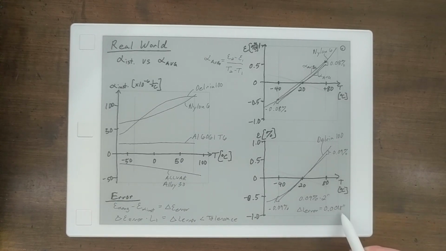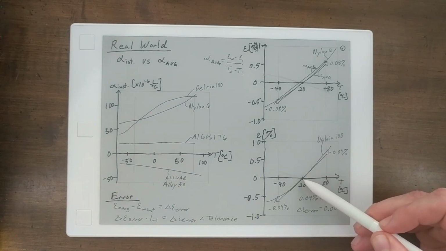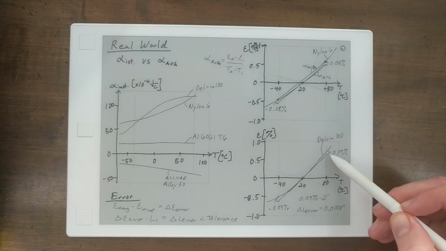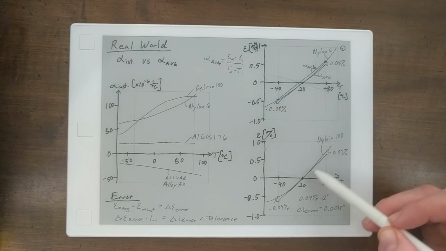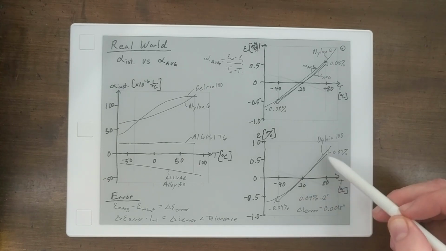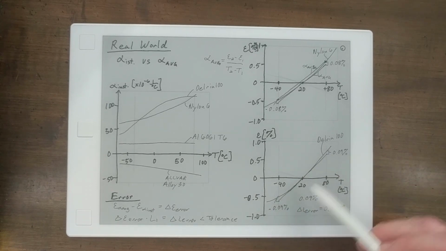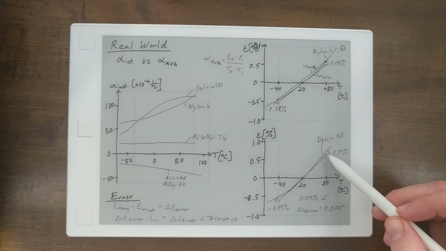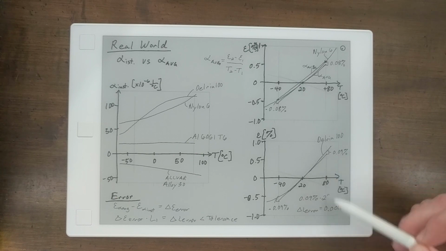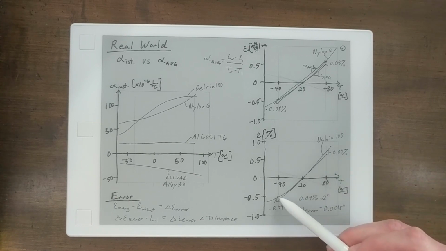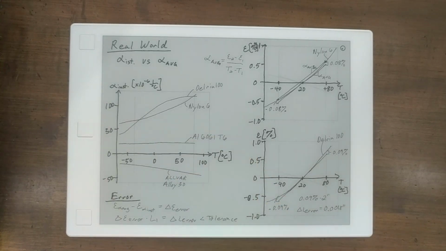So that's almost 2/1000ths. So your part that's in spec at room temperature, even if you calculate it to still be in spec using the linear coefficient of thermal expansion, at the temperature extremes you're going to see a positive 2/1000ths and a negative 2/1000ths offset compared to what you calculated using average CTE.